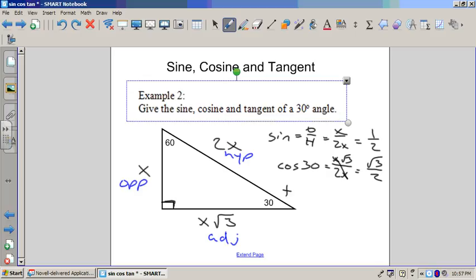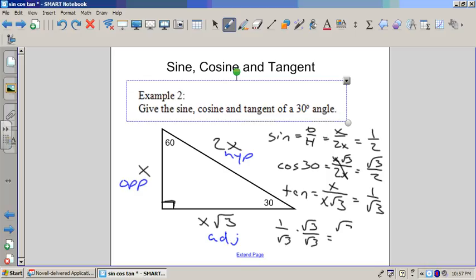And finally, what is the tangent? The tangent is the opposite over the adjacent. It's going to be x over x root 3. The x's cancel out, and I get 1 over root 3. Simplifying 1 over root 3, and I'll do this for you, I'm going to multiply the top and the bottom by the square root of 3.